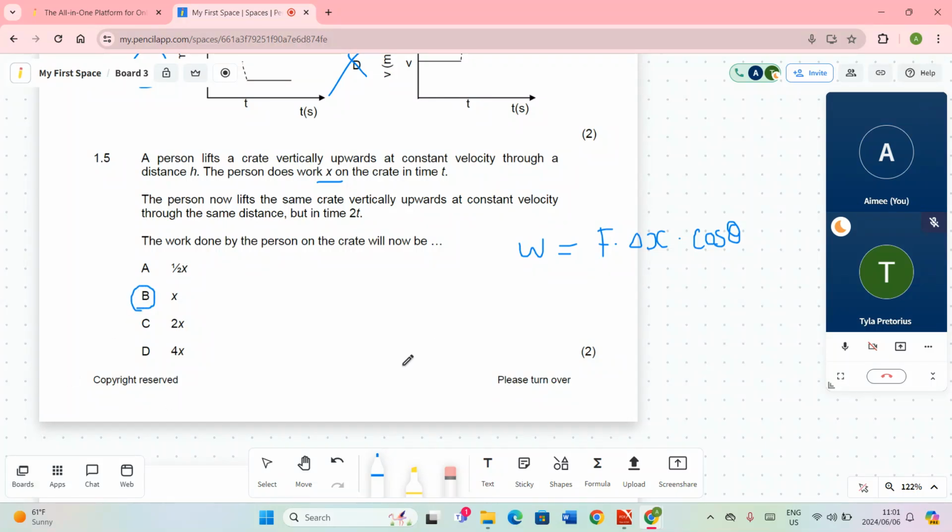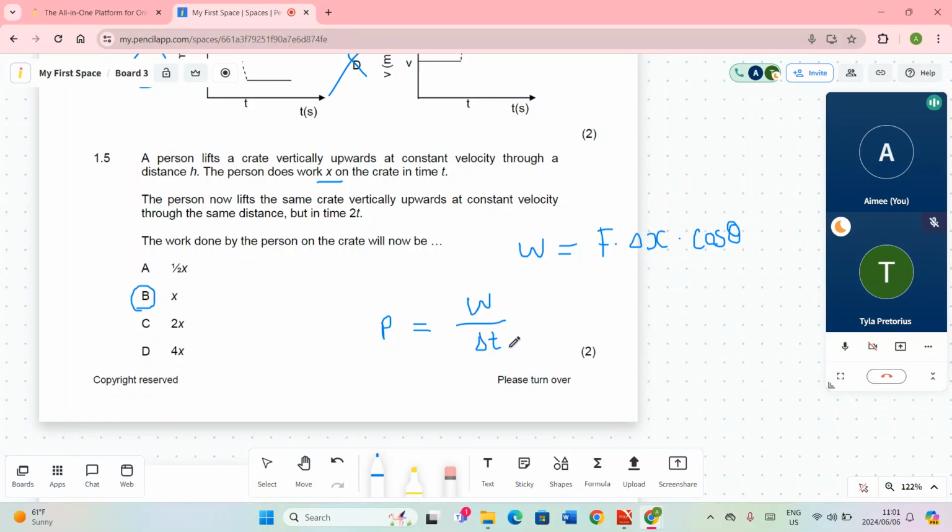Okay? However, if we look at our power formula, power is equal to work done over change in time. Power does depend on time.